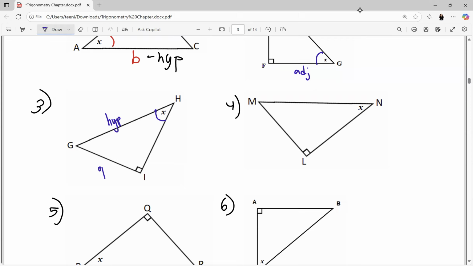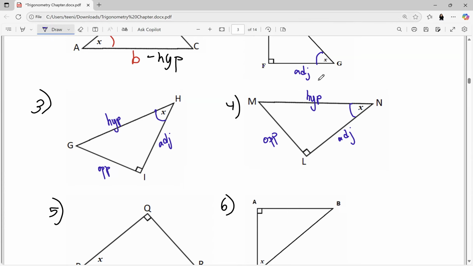GI is the opposite side. Perfect. And then the third side is, of course, the adjacent. Beautiful. Zane, question four. Where is the hypotenuse? Between M and N, miss. That's right. MN is the hypotenuse, and the opposite side is ML. ML, correct. And then the third side is the adjacent, LN.